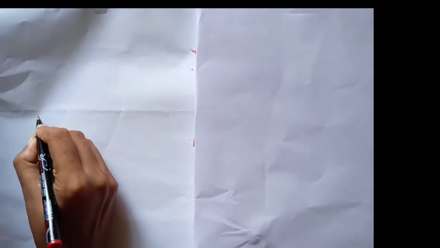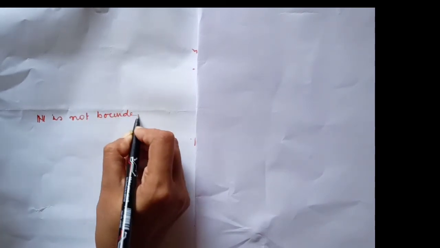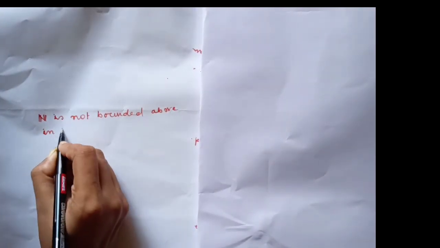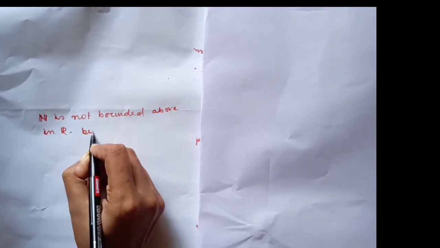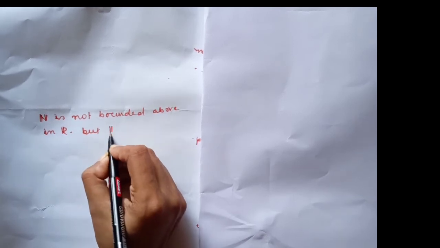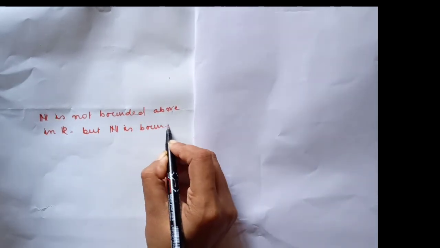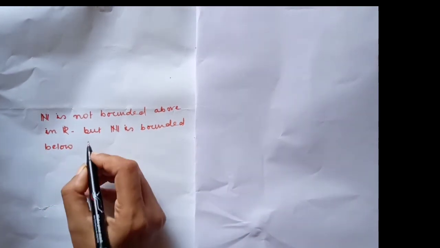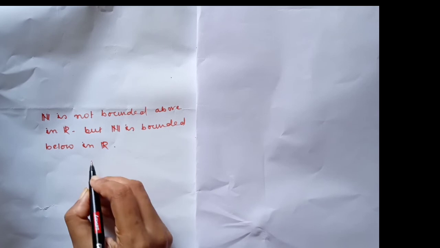N is not bounded above in R, but N is bounded below in R. 1 is the greatest lower bound, right?